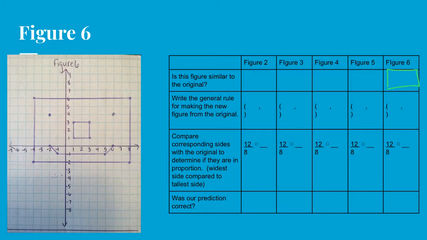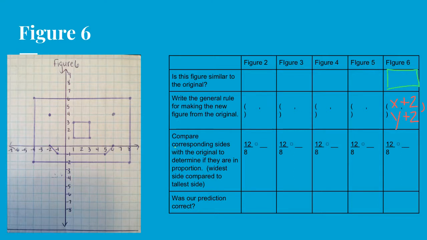The x-coordinate from figure 1, you have to add 2 to get the x-coordinate for figure 6. The y-coordinate from figure 1 has to have 2 added to it to get the y-coordinate for figure 6. These are addition problems. Let's see what happens with those.